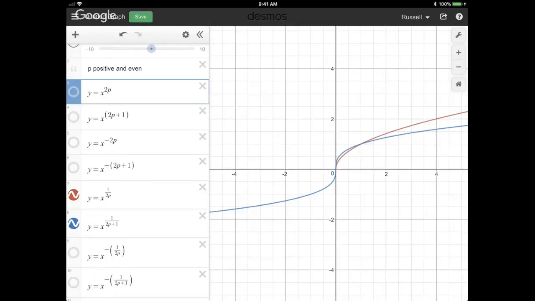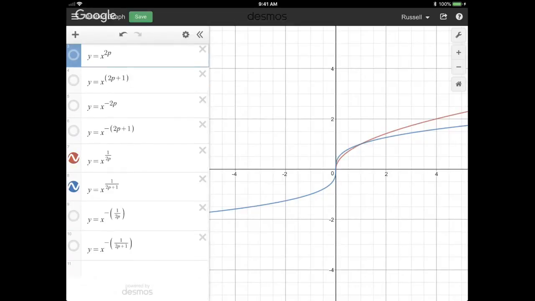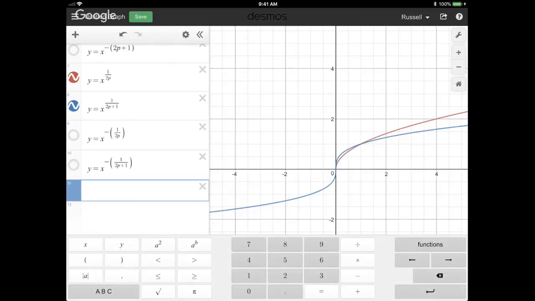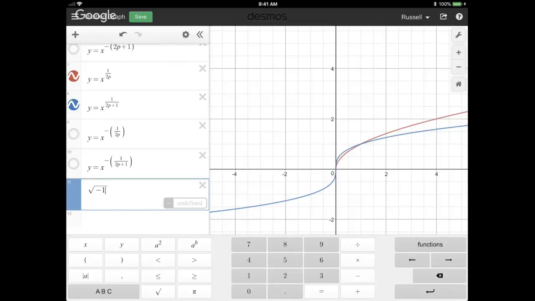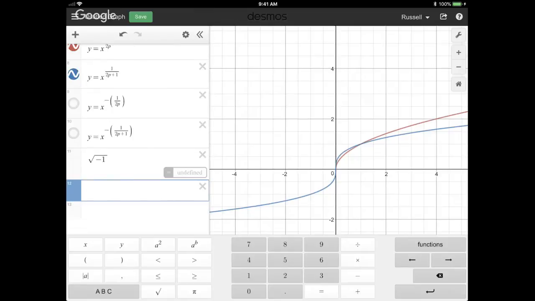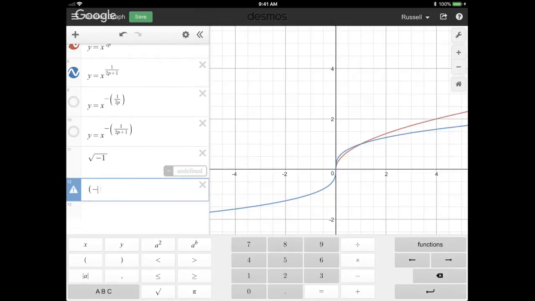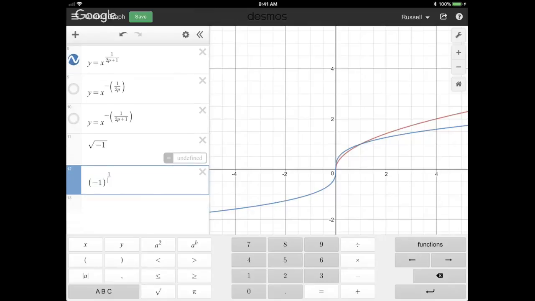And this comes from, well, let's think about this, right? The square root of -1 is undefined, right? But the cube root, or -1 to the power of 1/3, is defined, right?